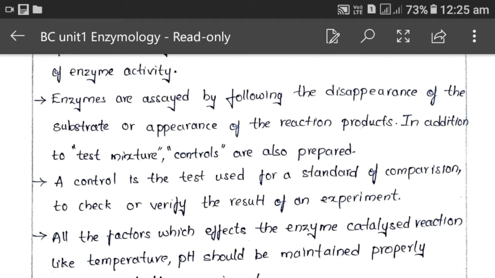In addition to the test mixture, we can also use a control. This control sample will help us compare with the test mixture for accuracy. The control is used as a standard to compare with the test mixture.